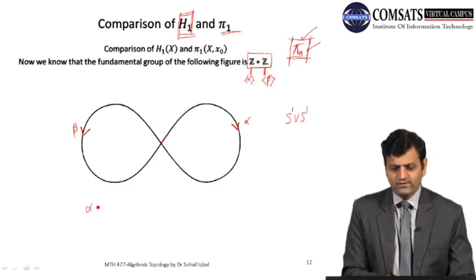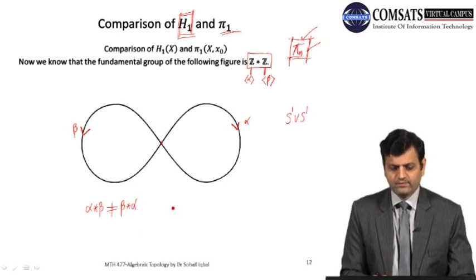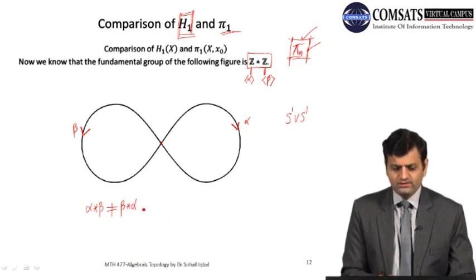Since it's a free product, alpha star beta is not equal to beta star alpha. This is just coming from the definition of the free product.